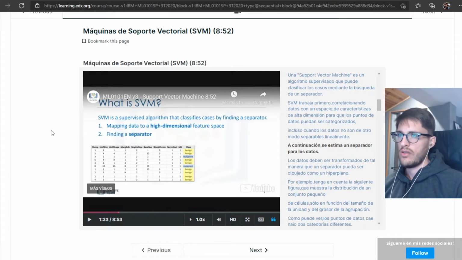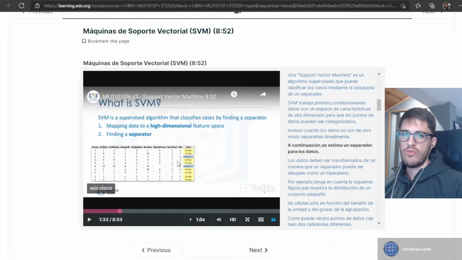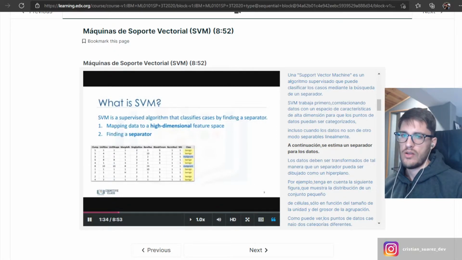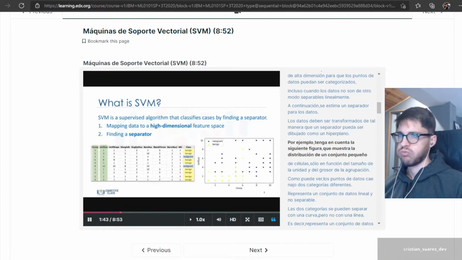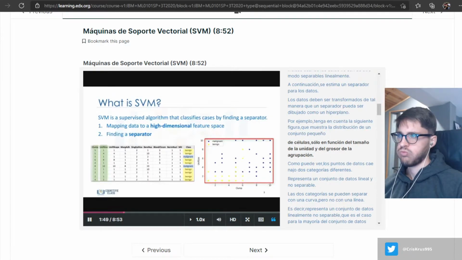Separator. Vale, funciona con multidimensionales. Estimated for the data. The data should be transformed in such a way that a separator could be drawn as a hyperplane. For example, consider the following figure, which shows the distribution of a small set of cells only based on their unit size and clump thickness.